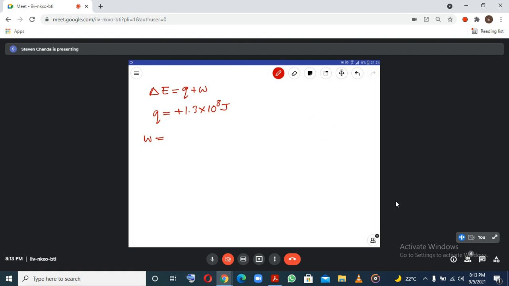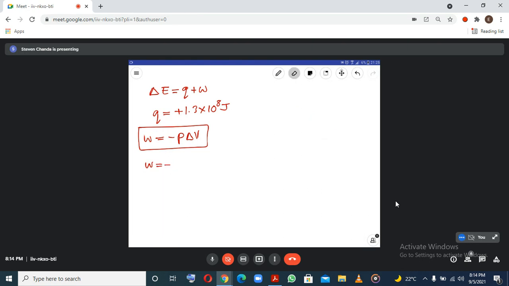Because we are talking about a gas that's expanding, the work is going to have a minus. Again, this is just conventional. So that's our formula, right? We know the pressure involved.